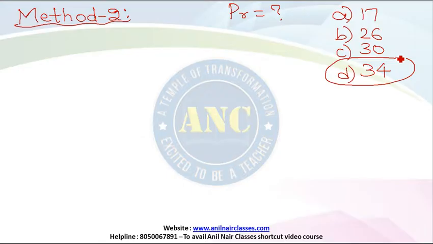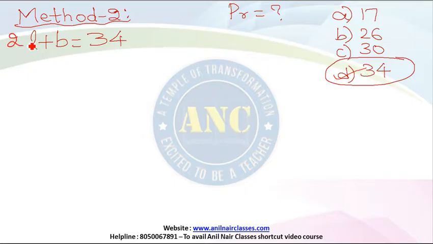But if I don't solve method 1, I will not know that easily. Now I will show you with one example, 34 itself. Then you can decide which method is comfortable. There is no force of using method 1 or method 2. You are the ultimate decision maker. I am just taking the correct answer itself and showing you how you can apply method 2.